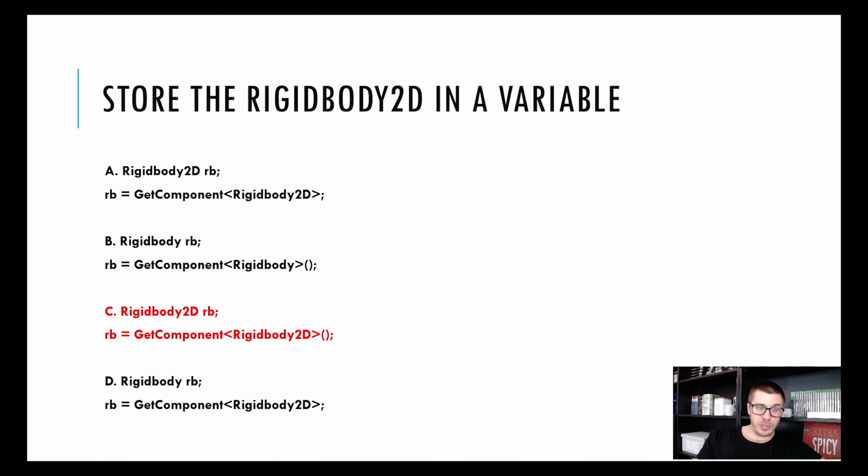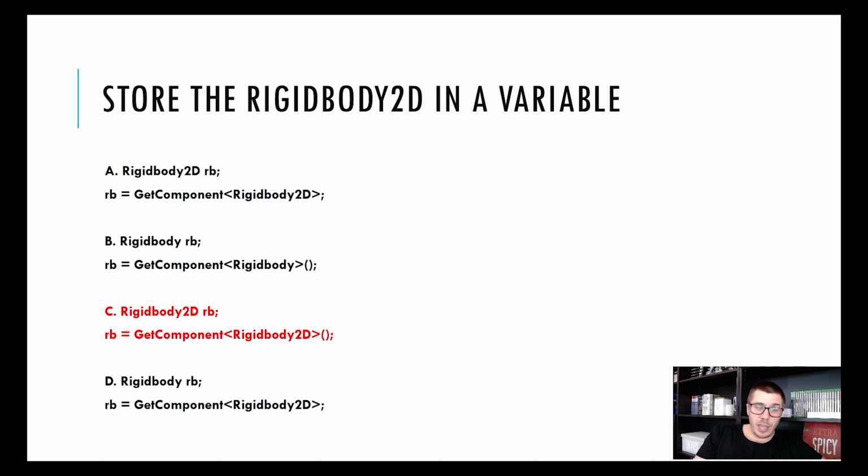So for the first one, we don't have parentheses at the end, and GetComponent Rigidbody2D is a function, so we need the parentheses at the end. For the second one, for B, we don't have 2D in Rigidbody, and since we are working in 2D, it's very important to distinguish Rigidbody2D from the simple Rigidbody, and that is a Rigidbody 3D.